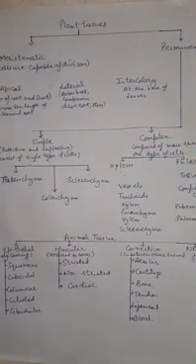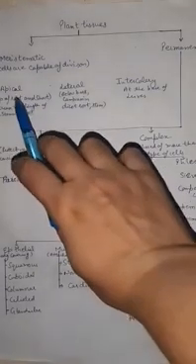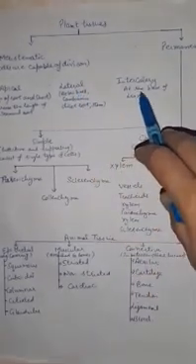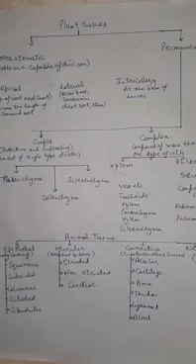Meristematic tissues are those tissues which are capable of division, means which can divide. So meristematic tissue is further divided into three types: apical meristematic tissue, lateral meristematic tissue and intercalary meristematic tissue.